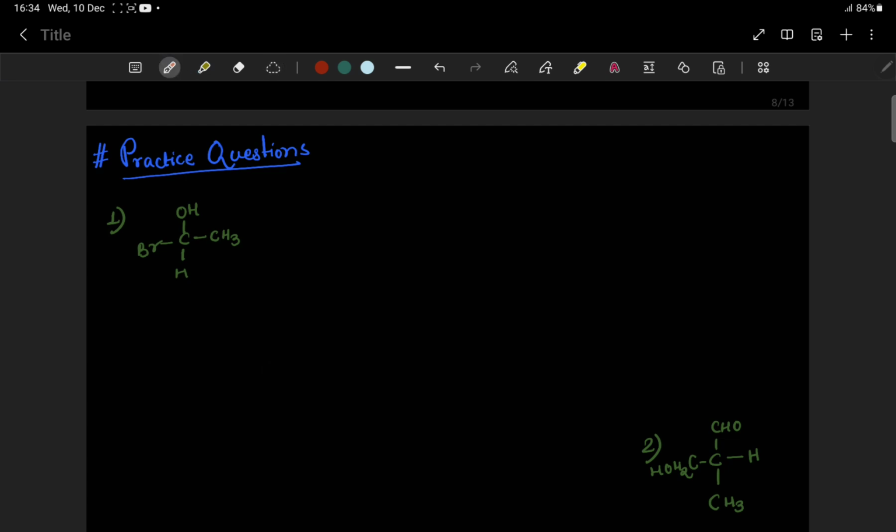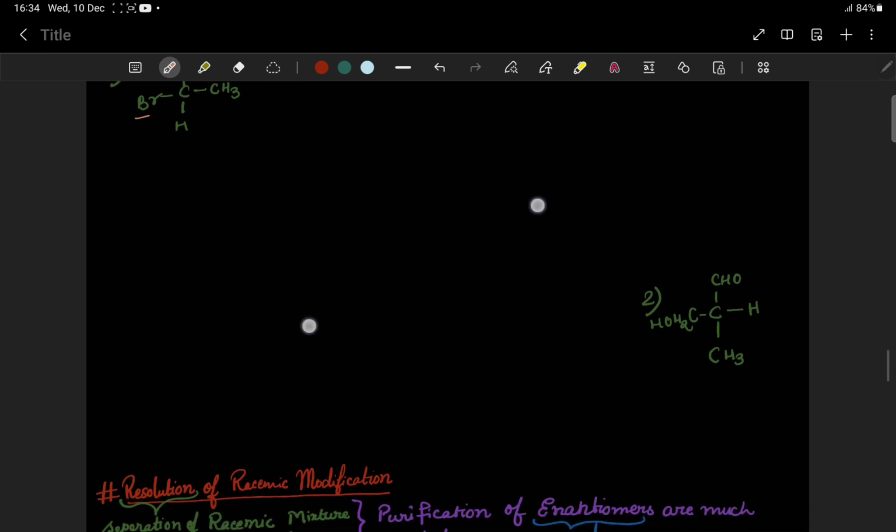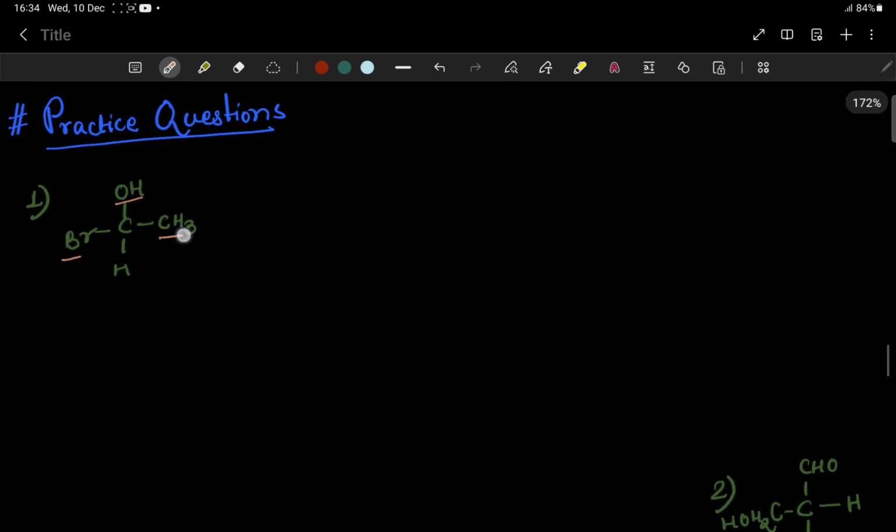If I'm solving this, what are we having over here? We are having bromine, and here we are having an OH group, alcoholic group. We are having a CH3 group over here and hydrogen. Clearly you can see that the lowest priority will be given to hydrogen. Fourth, done. Then which will get the next priority?